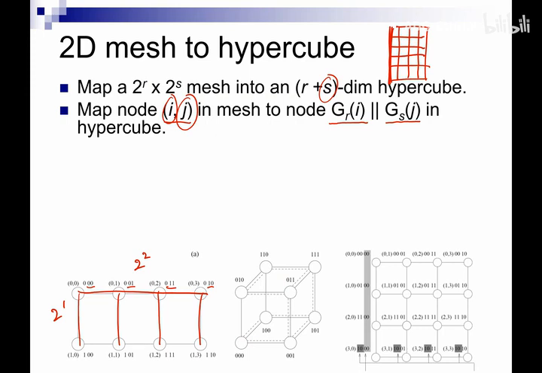If you had a 4x4 mesh, then the columns are given by 2-digit values, and so we would map those into a 2-digit gray code, and then for the rows, we would also map those into a 2-digit gray code.